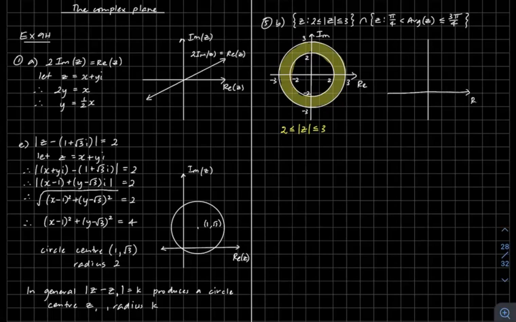So here's our real axis, our imaginary axis, and we're saying the argument has to be greater than pi on 4, but notice it's not greater than or equal to pi on 4. So this time I'm going to draw a dotted line at pi on 4 there, just to indicate that points along that line are not included.